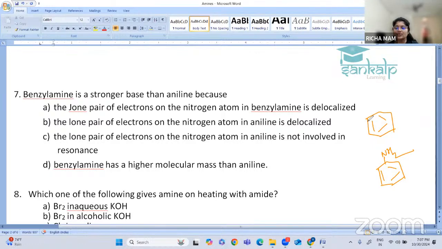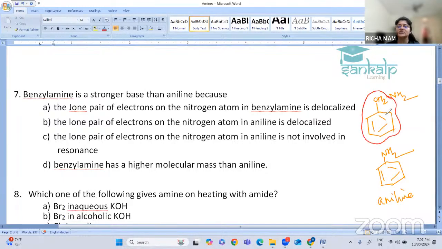Why is benzylamine stronger? When NH2 is attached to a benzene ring, it is aniline. And what is benzyl? I'll show you what a benzyl group is.